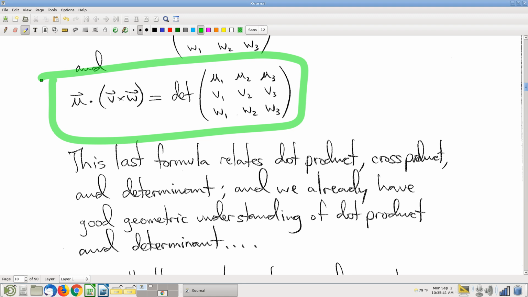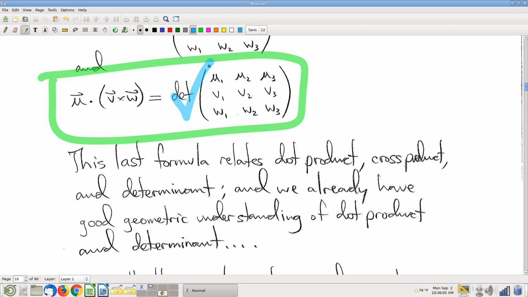And roughly speaking, the way we're going to make this work, and this is a tried and true method in math, is find equations that relate things that you know about to things that you would like to learn about, and then figure out how to jiggle it and make good ideas fall out, right? So that's what we're going to do here. We already understand determinant geometrically, kind of. We have good sense of 3x3 determinants.